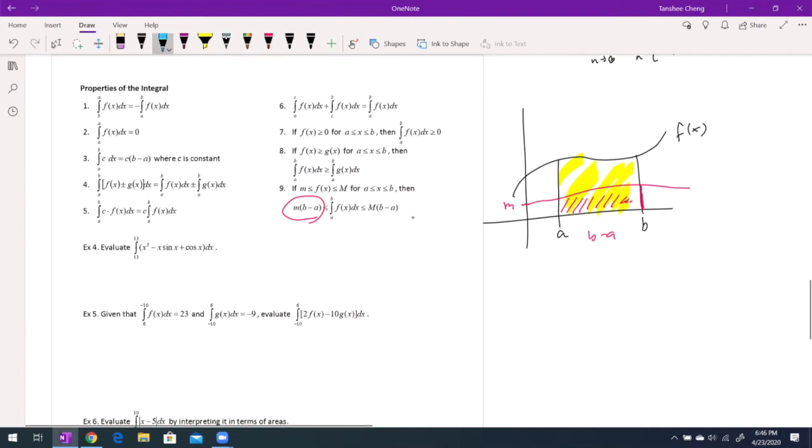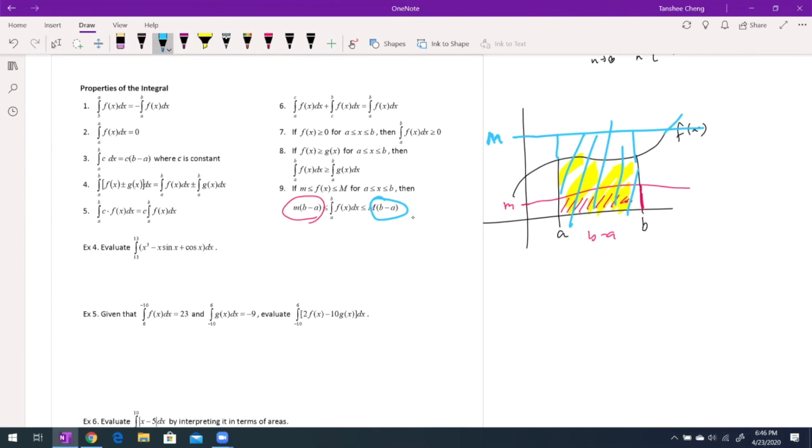And for the other one, let's say this function is smaller than a big M, some constant function, in that particular interval. Then you can see that this area in blue is definitely bigger than the area in yellow. So this becomes my upper bound.